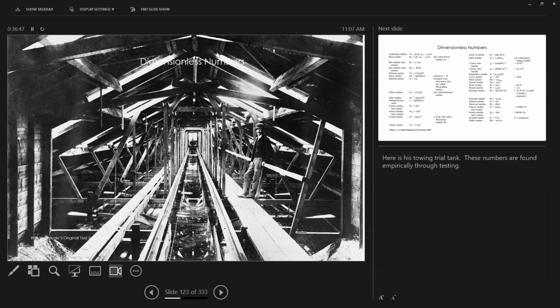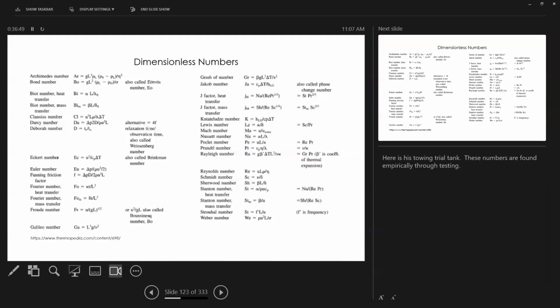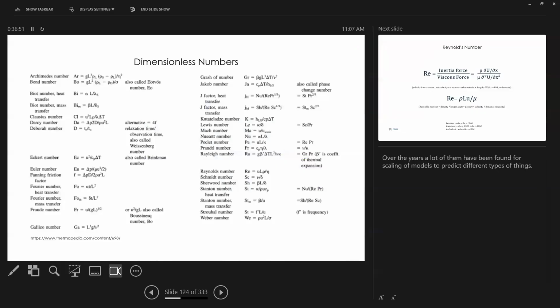And over time, through experiment, people have found these dimensionless numbers, these ratios where the units cancel out, that through experimental verification hold true across scale.